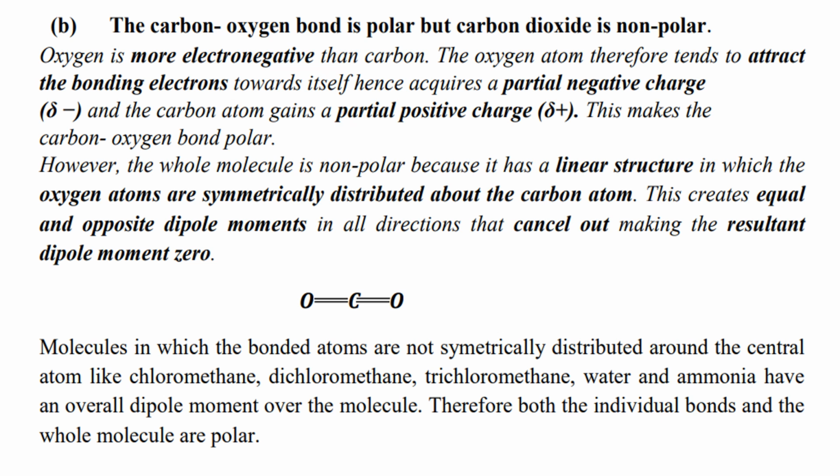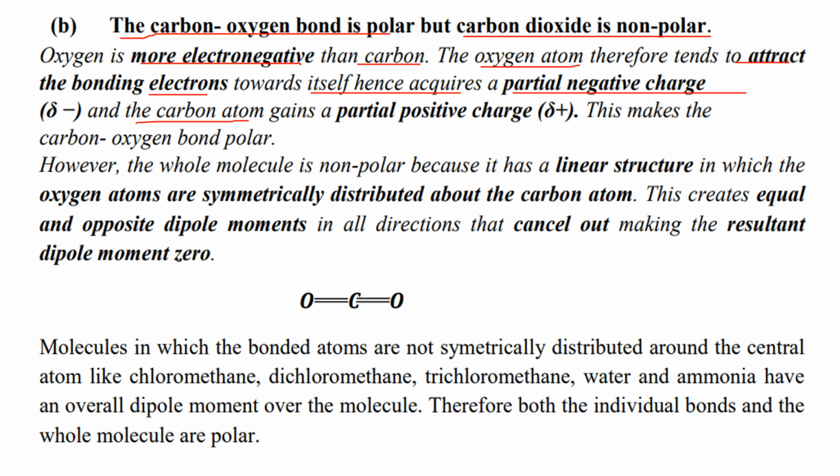So part B is going to be the carbon dioxide. You are going to explain why the carbon to oxygen bond is polar, but the whole molecule of carbon dioxide is nonpolar. So it's going to be the same explanation. We are going to say that oxygen is more electronegative than the carbon atom, and therefore the oxygen atom tends to attract the bonding electrons more towards itself, and by doing so it acquires a partial negative charge.